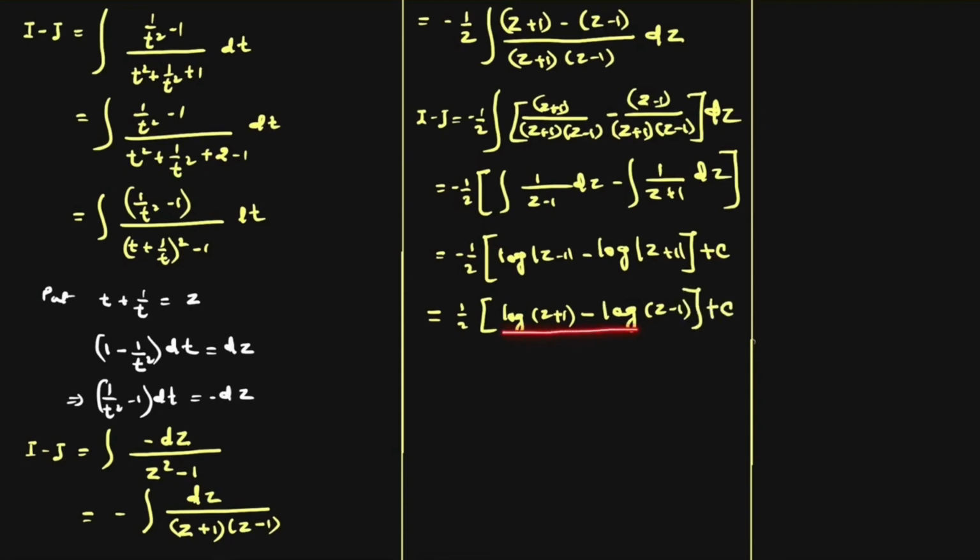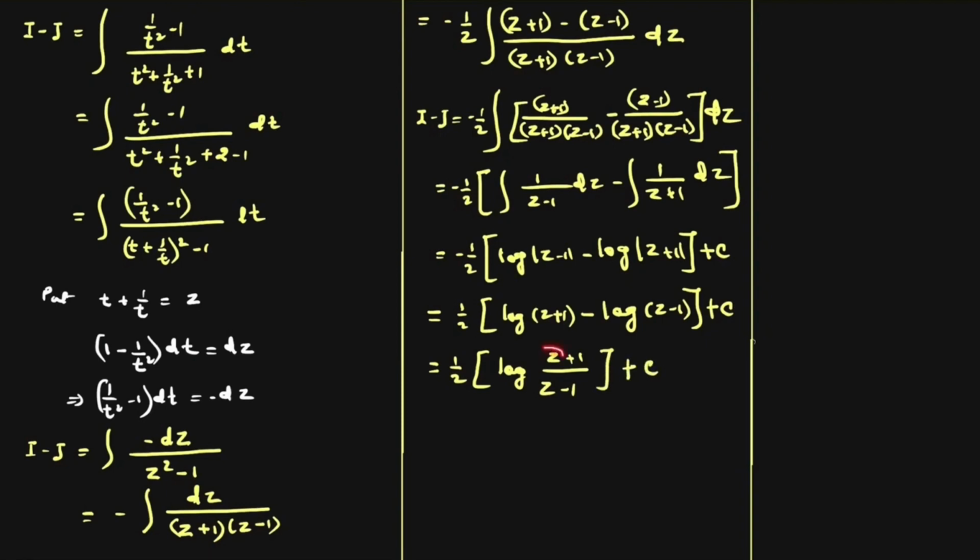If you apply the log property here, that is log m minus log n, which is equal to log m by n, then this we are able to write as 1 by 2 log (z plus 1) divided by (z minus 1) plus c.